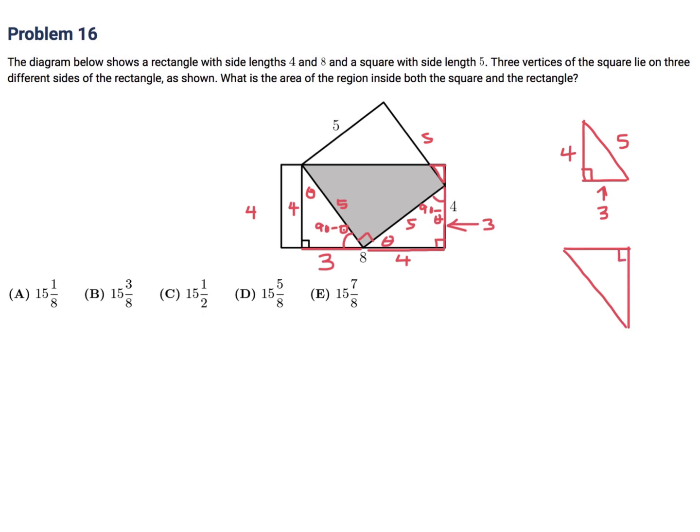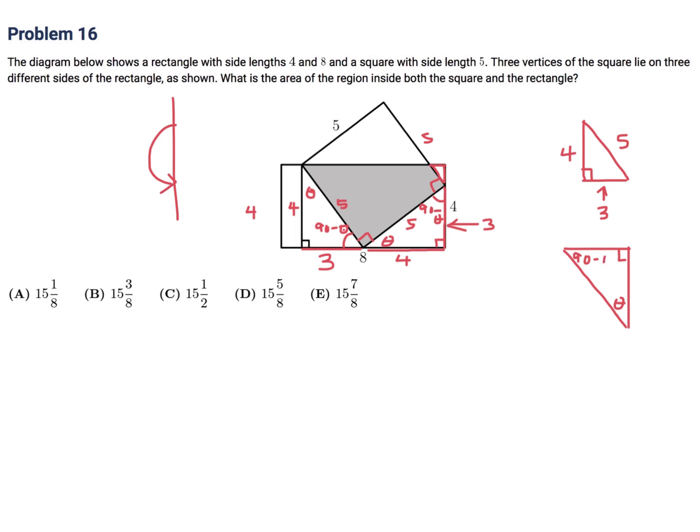That's a right angle, and again, this is 90. So this is theta, based on the fact that all angles add up to 180 degrees in a triangle. And also in a straight line, all the angles from there to there are going to be 180. And therefore, this is 90 minus theta.